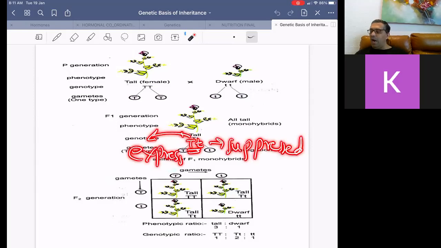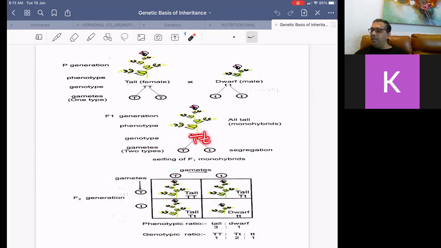So plant banega tall, but does capital T mix with small t? Does it contaminate the small t? Does it change small t? No. They will remain together without mixing with each other, and when they form gametes, capital T and small t will separate, and that is called law of segregation.